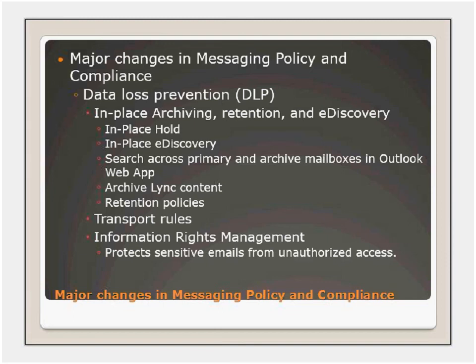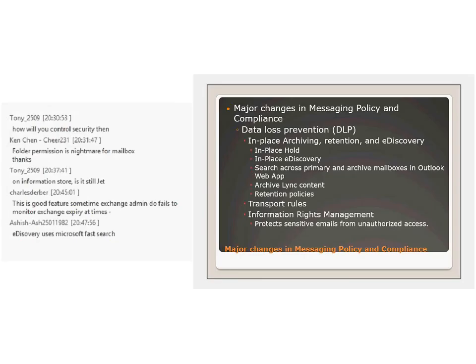And e-discovery is really good, like an administrator can search for messages across the mailboxes, and whenever he finds one, he can place it in the e-discovery mailbox. When we talk about search, it's not going to use the older version of search. It is going to use a better option.